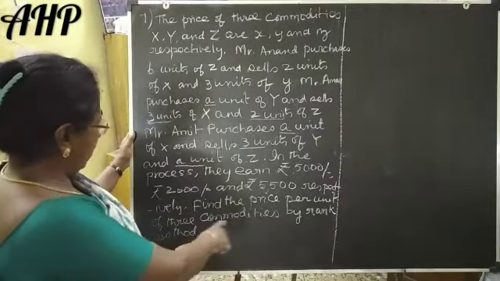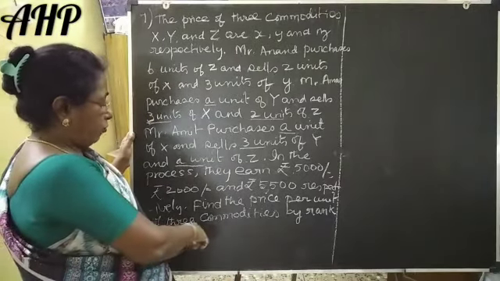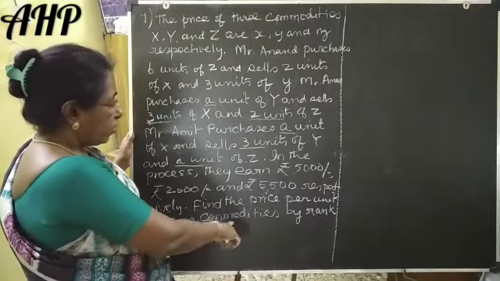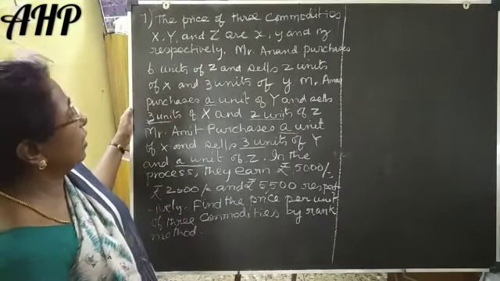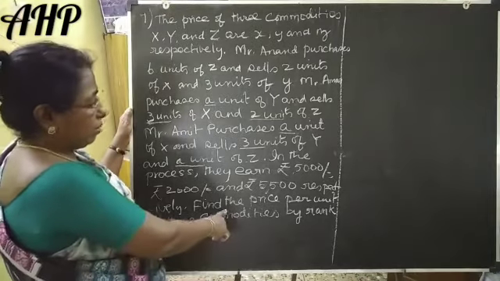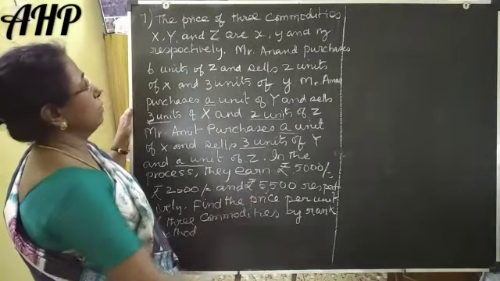Find the price per unit of 3 commodities by rank method.